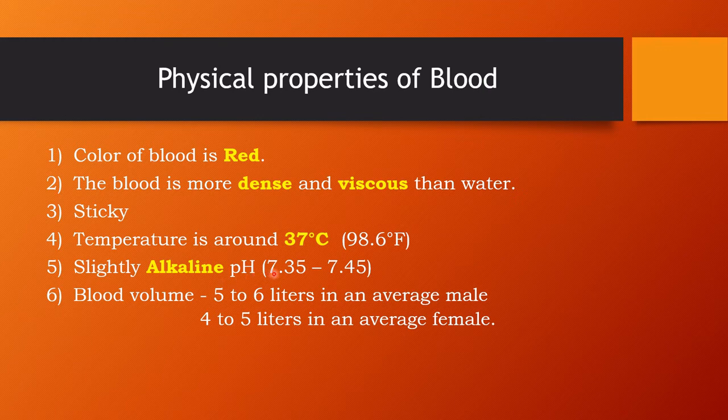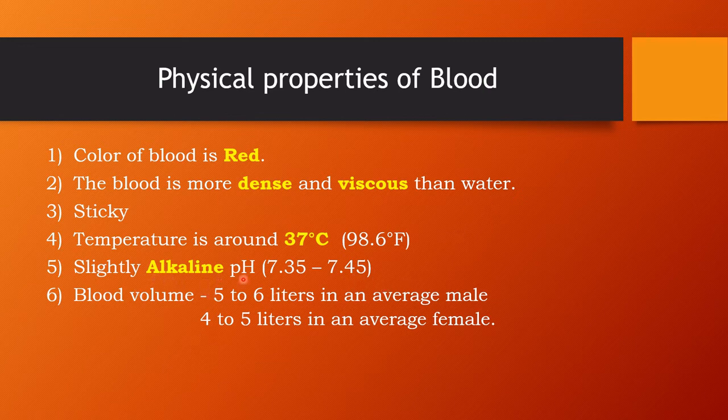Slightly alkaline pH 7.35 to 7.45, and we know that if the pH of any fluid or any liquid is less than 7, then it means that the given liquid will be acidic, and if the pH of any liquid is greater than 7, then it will be alkaline, and if the pH is exactly 7, then it will be neutral, example water.